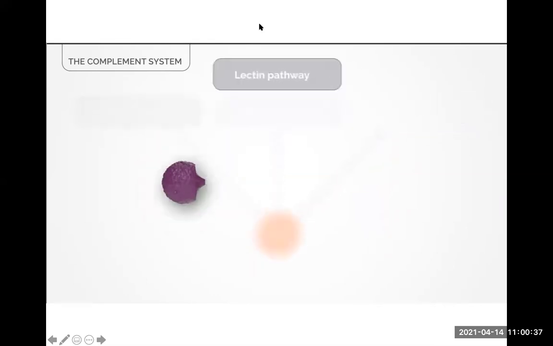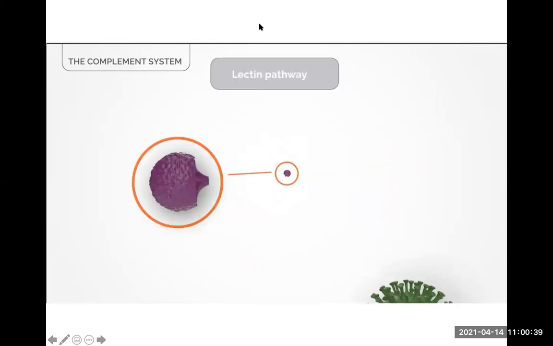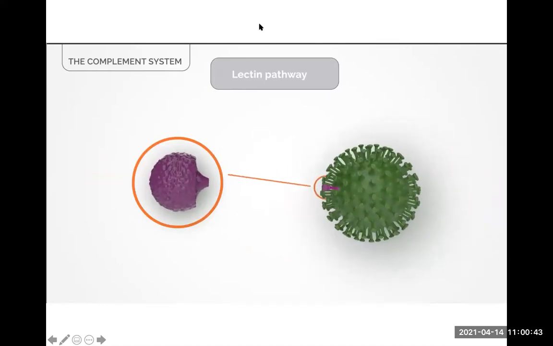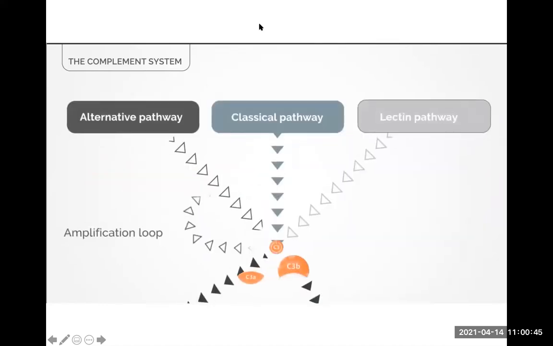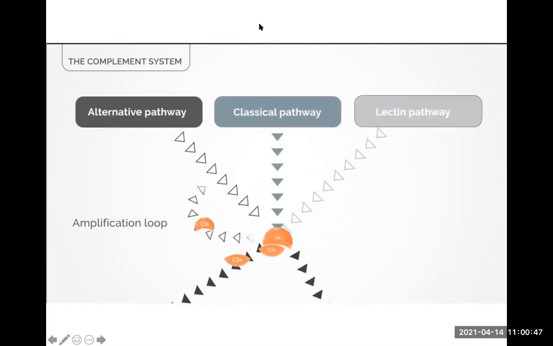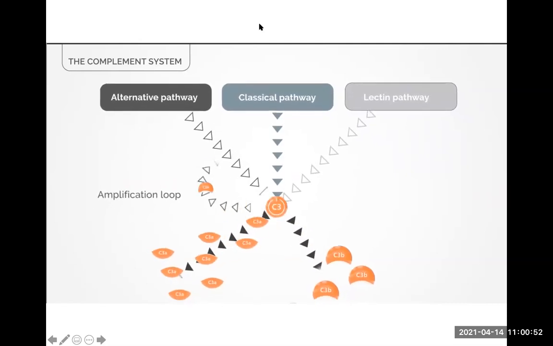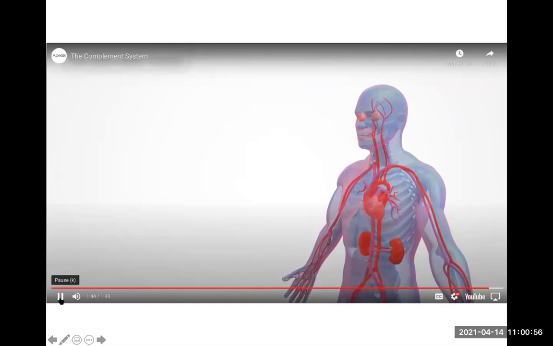The lectin pathway is activated by natural molecules in our body that recognize sugars at the surface of infectious organisms. In situations where the complement system becomes overactivated, it results in immune attack, the destruction of healthy cells, and ultimately causes illness to the person.